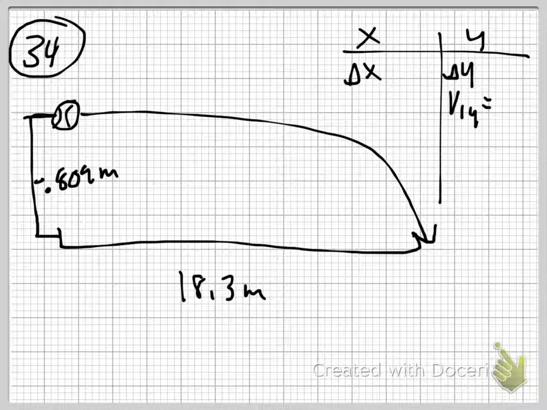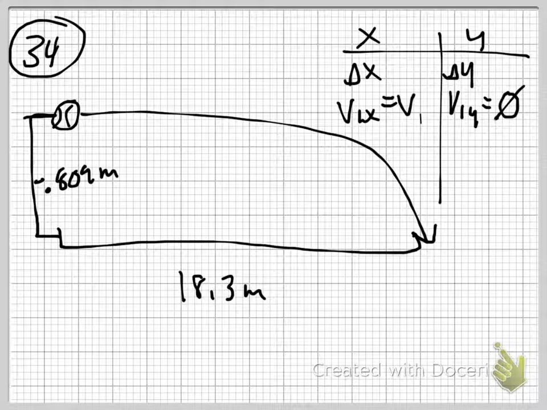Because this is kicked, flicked, and pushed, because this is horizontal, there is no VIY, which makes your life so easy. We're looking for the VIX, which is equal to the whole VI. And that's it.